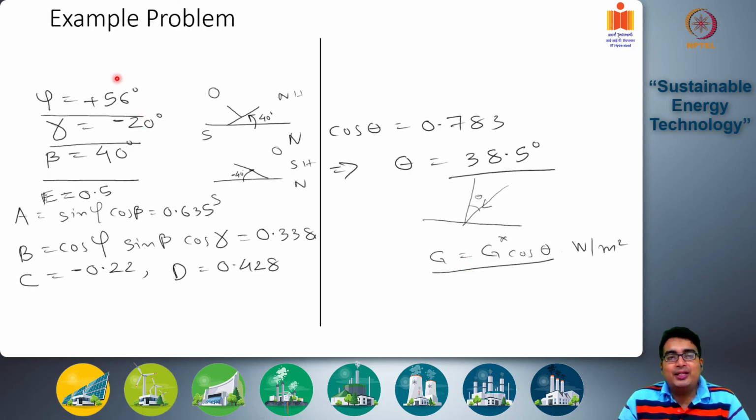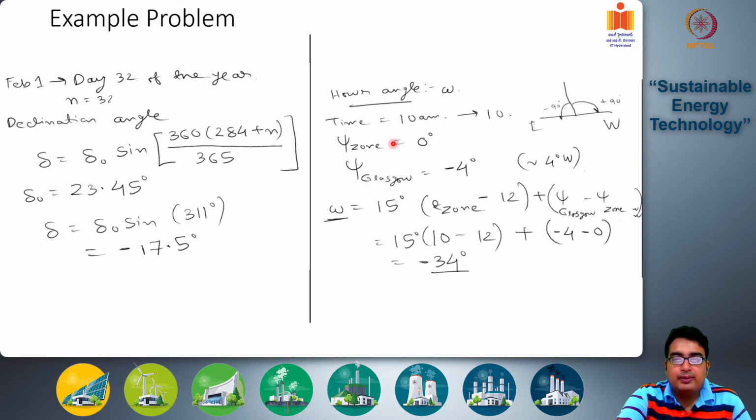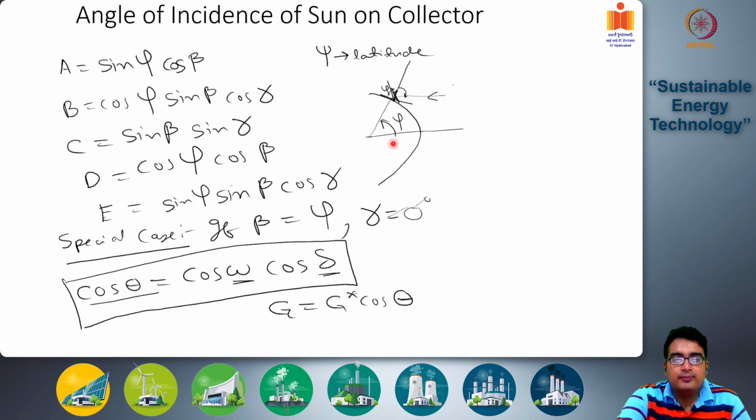Now your latitude is 56 degrees. Your gamma is east of south, so gamma is minus 20 degrees. Beta is 40 degrees. So now you can find A, B, C, D and E directly. E is 0.5, and for A, B, C and D you just put in the values. And then you get your cos theta value from the expression we just discussed.